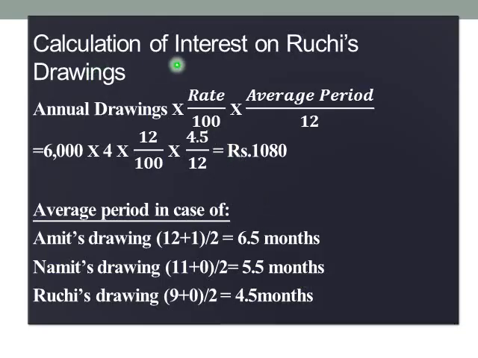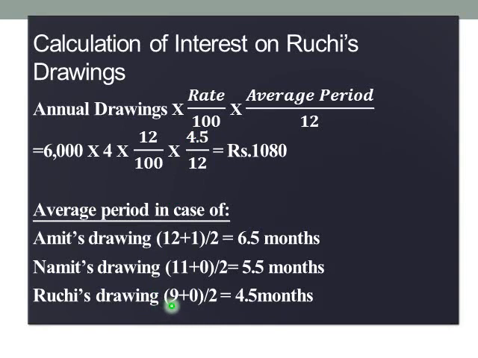Now let us calculate interest on Ruchi's drawing. The formula will remain same, annual drawing multiplied by rate upon 100 multiplied by average period divided by 12. Annual drawing here will be 6000 into 4 because she is drawing quarterly. Rate is 12 upon 100. 4.5 is the average period. So how do you arrive at average period? This is months left after first drawing.